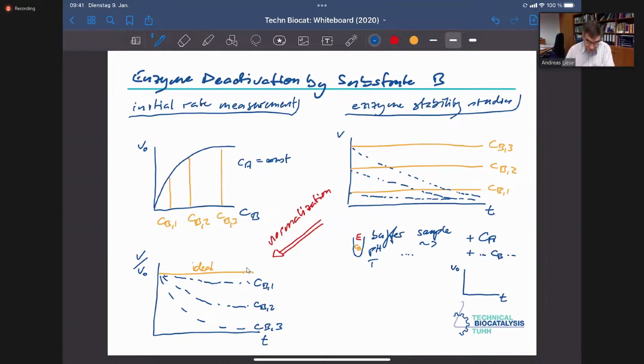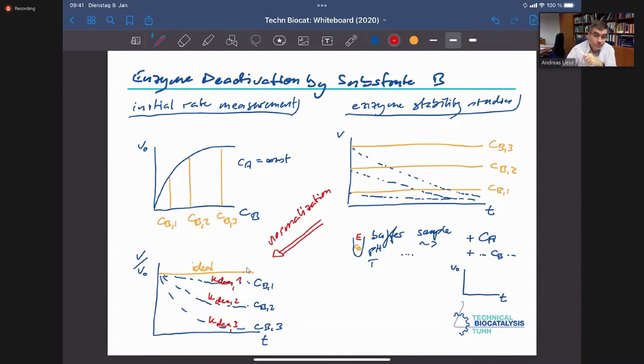So that's the scenario. So therefore, we need to determine now a K deactivation 1, a K deactivation 2, and a K deactivation for concentration 3. Now, with this information, or this knowledge, we now need to formulate a kinetic description of the rate of deactivation.